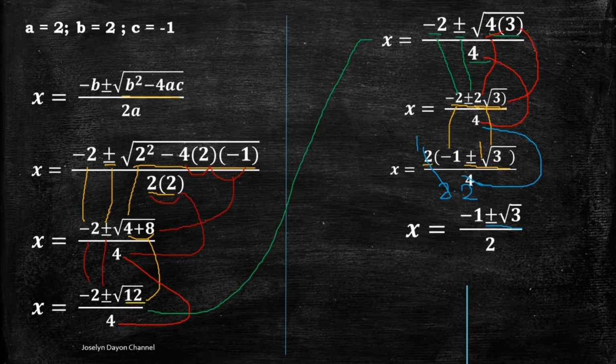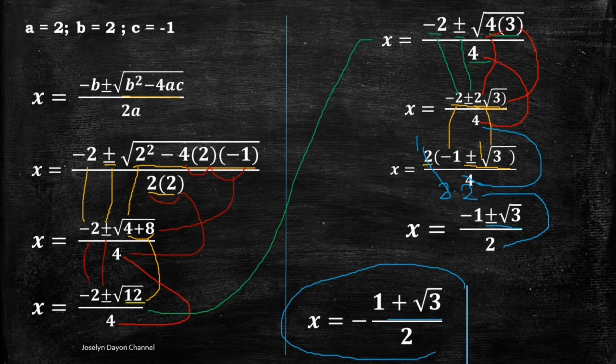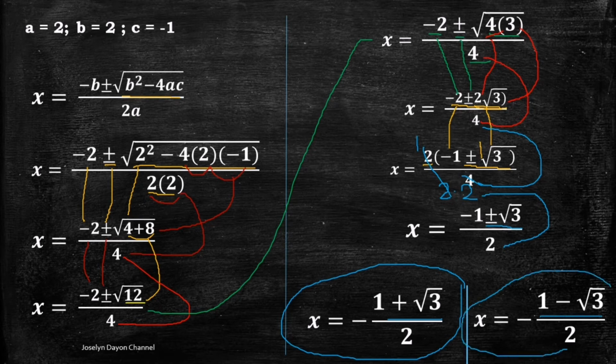And in our denominator, we have only 2. So the two values of x are, first one, negative 1 plus square root of 3 all over 2. And the second value is negative 1 minus square root of 3 all over 2.